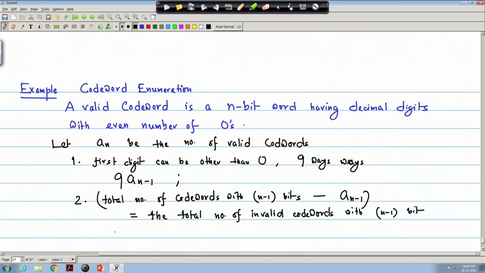Now, if we add one digit, the nth digit, say the nth digit as 0, then I will get a valid code word.